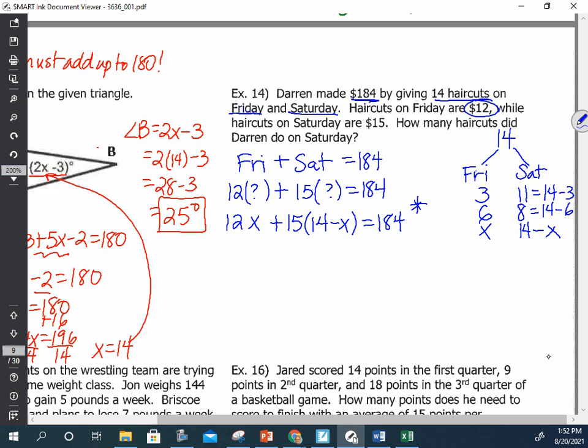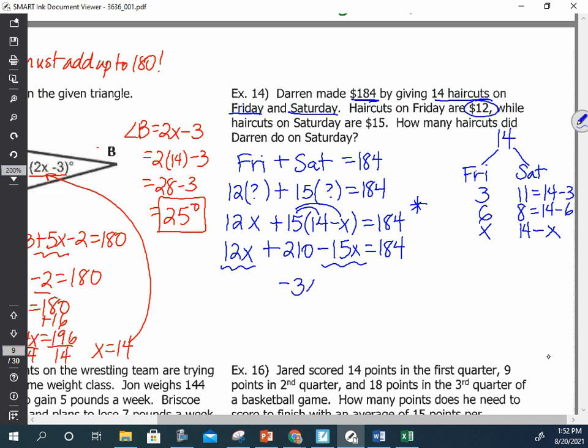So let's work it out. First is distributing. So 12x plus 15 times 14 gives us 210. 15 times negative x, negative 15x, equals 184. 12 minus 15 are like terms.